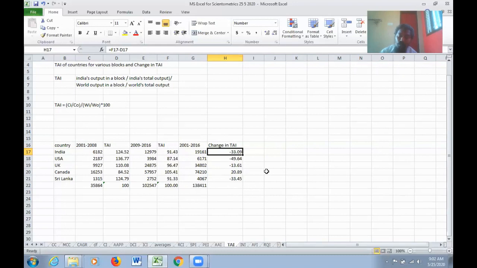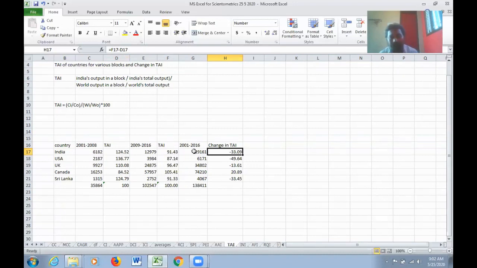And very importantly, after calculating activity index for two different blocks, you need to calculate the change in transformative activity index. That means F17, the transformative activity index of one period, minus D17, the transformative activity index of the earlier period.